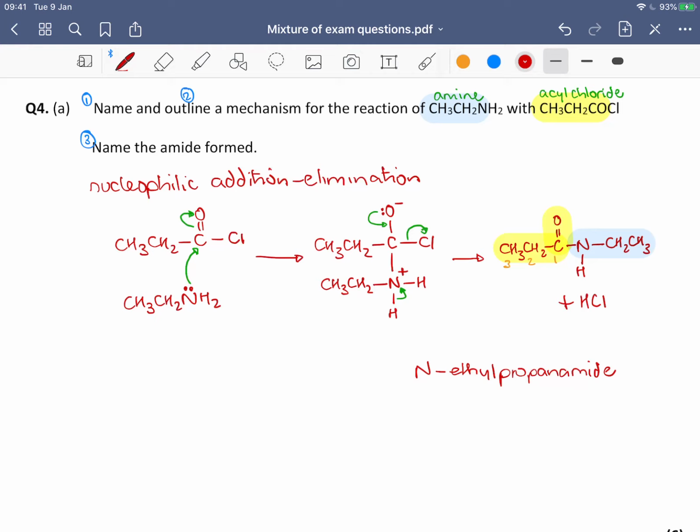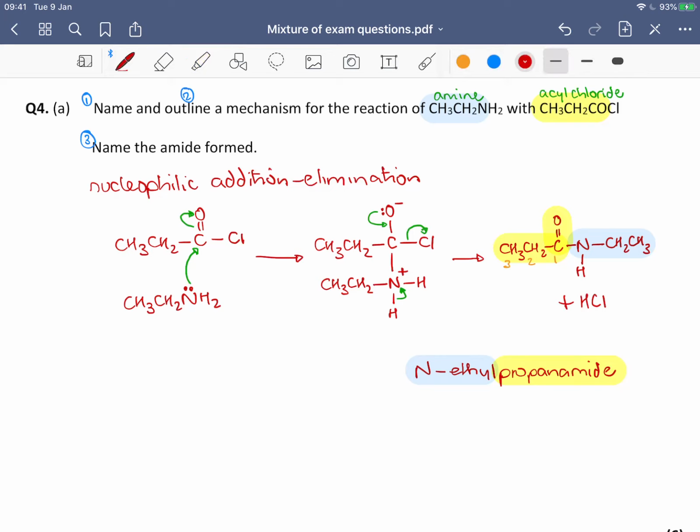It's not perhaps necessary in a molecule like this so much, but in more complicated amides, it would be important to make it clear what was attached to the nitrogen, what wasn't. But yeah, so we've got our N-ethyl part of our name, and then we've got the propanamide part of our name.